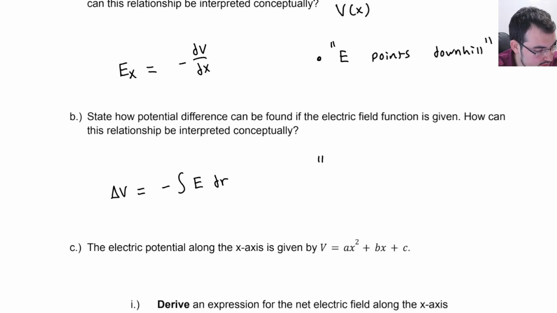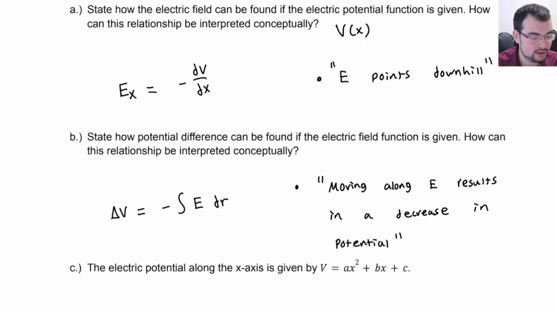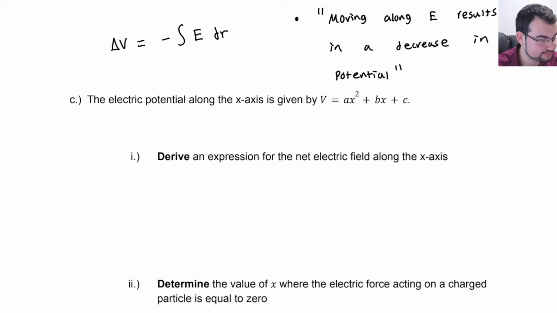Well, this says the same thing, but this says moving along E results in a decrease in potential. Because if E is the downhill slope of V, if I'm traveling with the downhill slope, I must be traveling downhill.